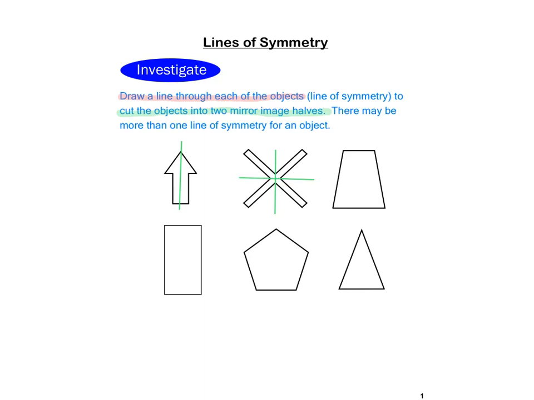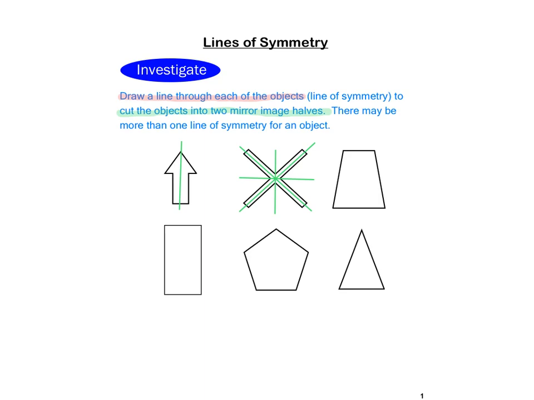There's a second line of symmetry. Could we draw a third line of symmetry? Right there. How about this? Could we draw a fourth line of symmetry? Right there. So that X has 4 lines of symmetry. The arrow only had 1, but the X has 4.